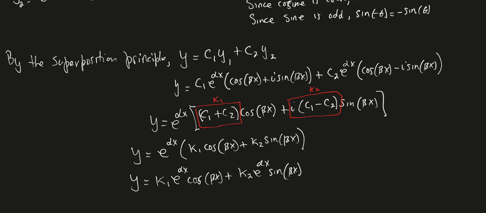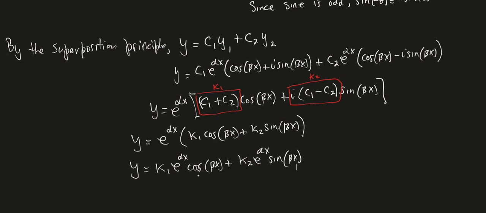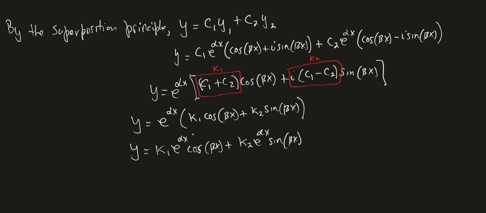Now what do I have here? I can see the linear combination of these two functions. One function here would be my y1, and this here would be my y2.